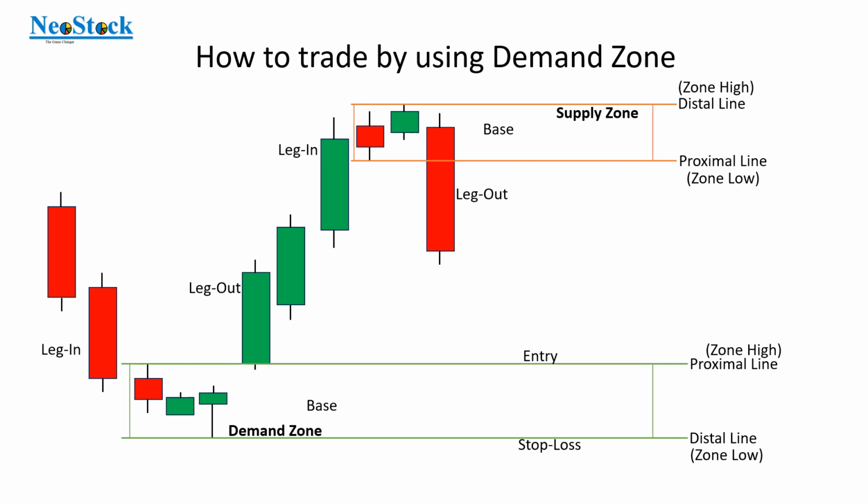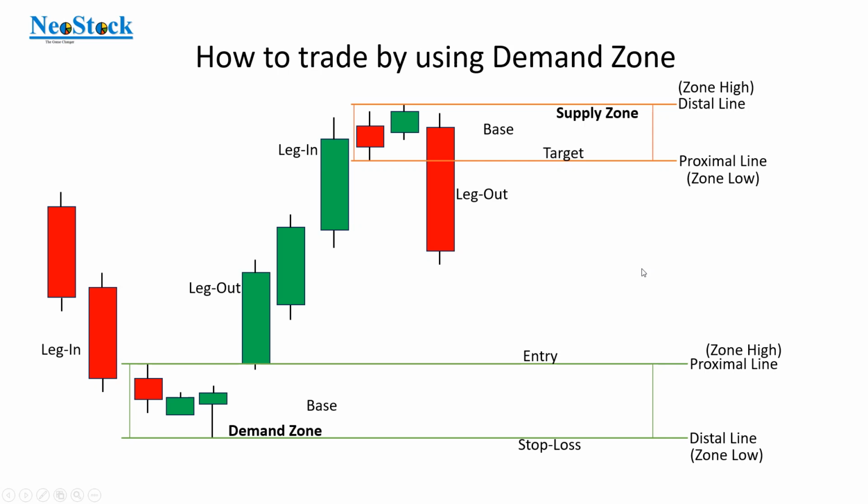The next parameter is target. Target is the proximal line of the supply zone, because we know the supply zone has institutional pending sell orders. When prices reach the supply zone, these pending orders will again push the price down.